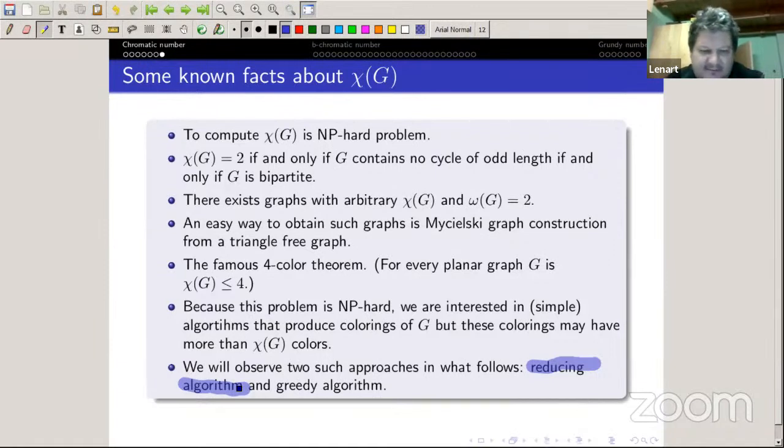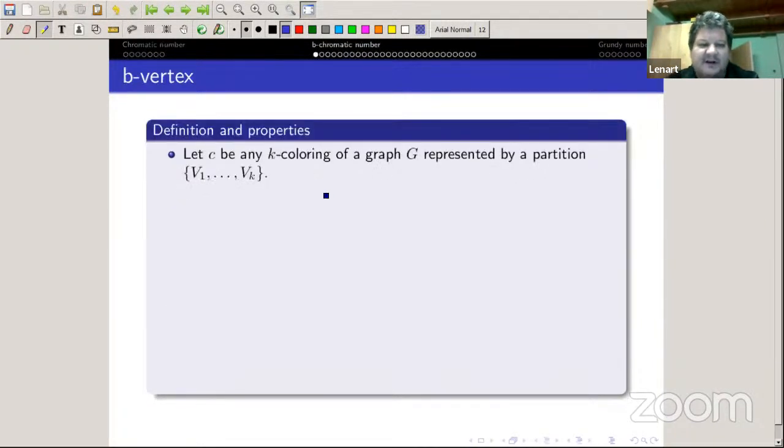If there is something, I'm really sorry. And the second one is the greedy algorithm. This one is much better known and is sometimes also called the first fit algorithm. Okay, so we will start with this reducing algorithm.